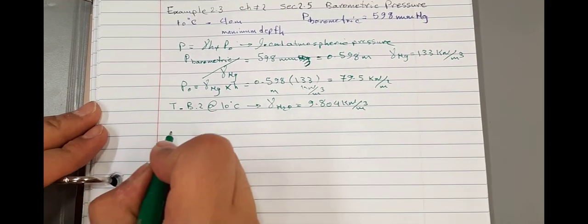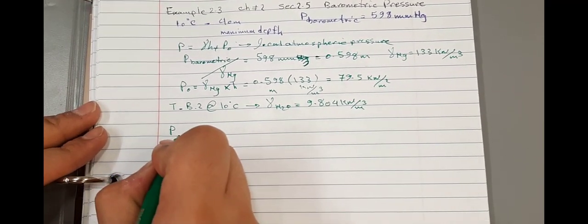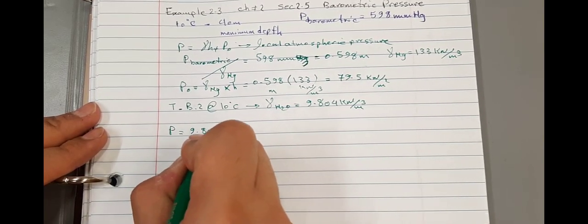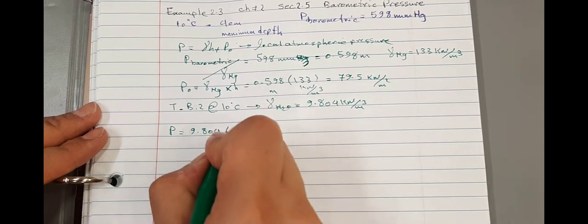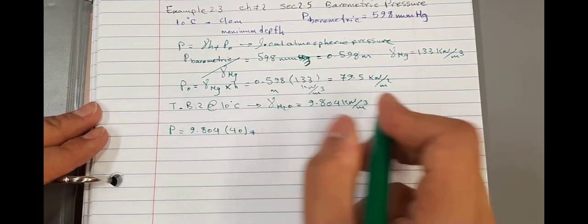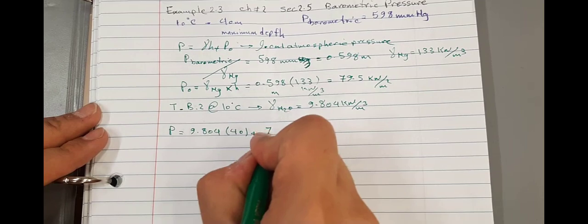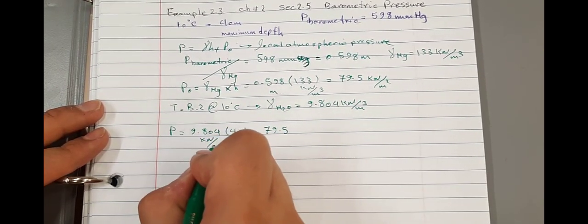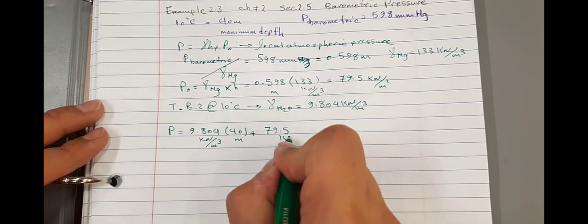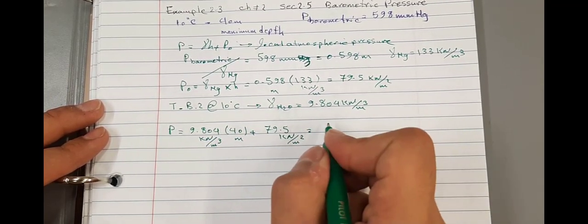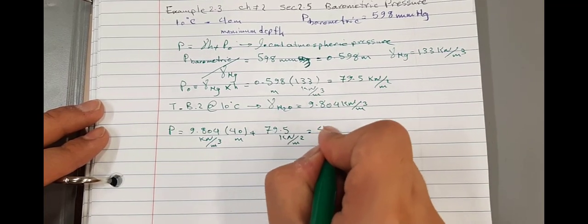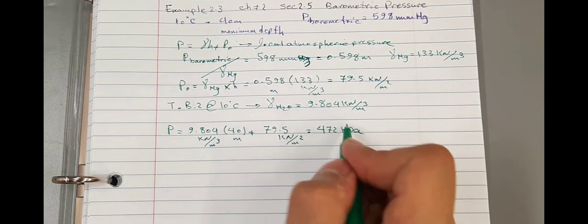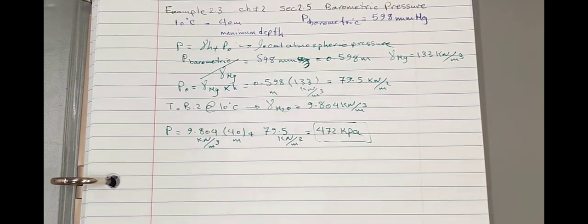So the total absolute pressure is equal to 9.804 multiplied by 40 plus P0, which is 79.5. With units in kilonewton per cubic meter times meter, kilonewton per square meter, we are going to have 472 kilopascals. So the total absolute pressure is 472 kilopascals.